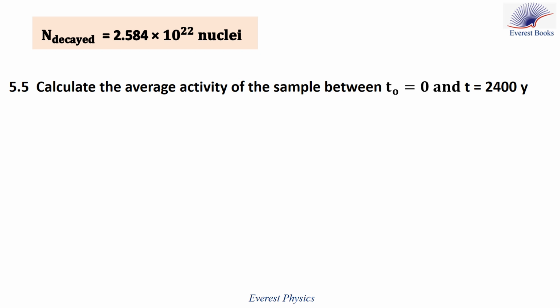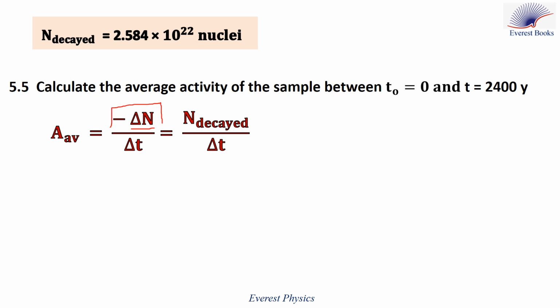Calculate the average activity of the sample between t0 equals 0 and t equals 2400 years. The average activity is given by minus delta N over delta t. Delta N represents the number of the undecayed nuclei minus the initial number of the nuclei, and minus delta N represents the number of the decayed nuclei, which is equal to 2.584 times 10 to the power 22 between t equals 0 and t equals 2400 years.